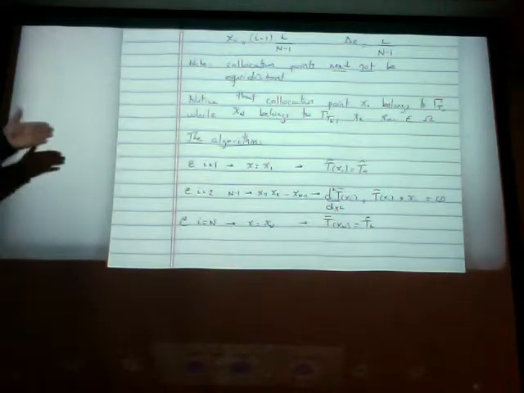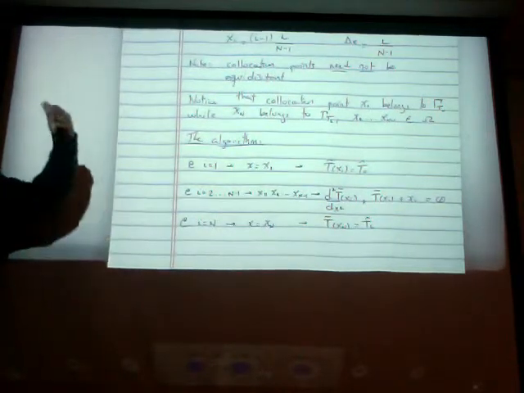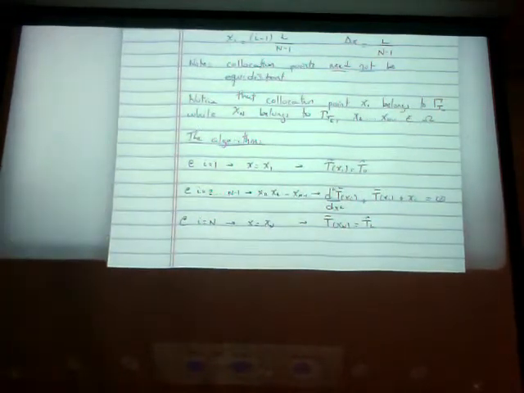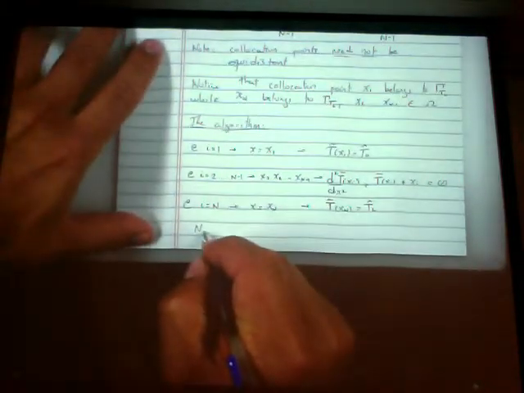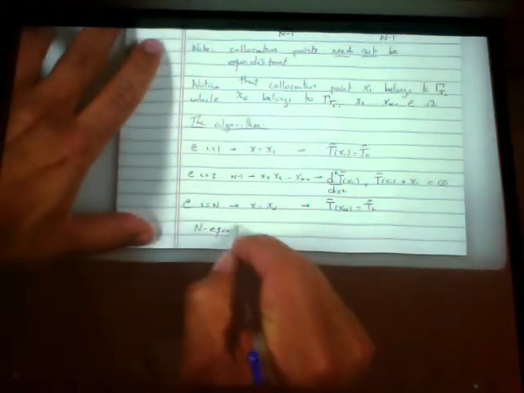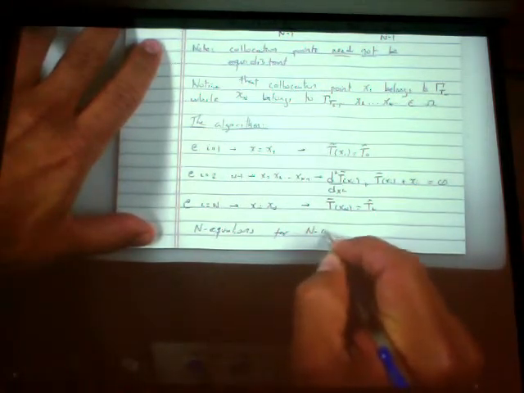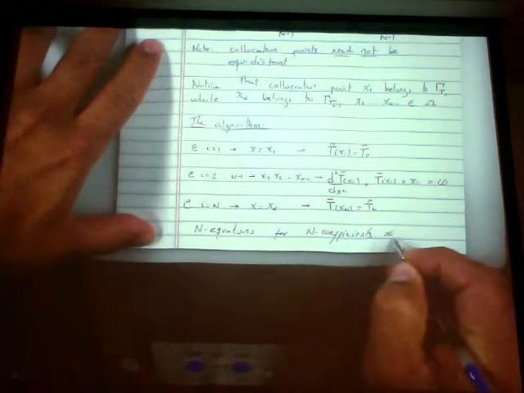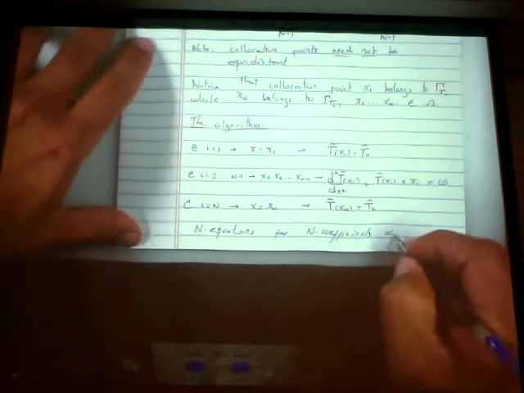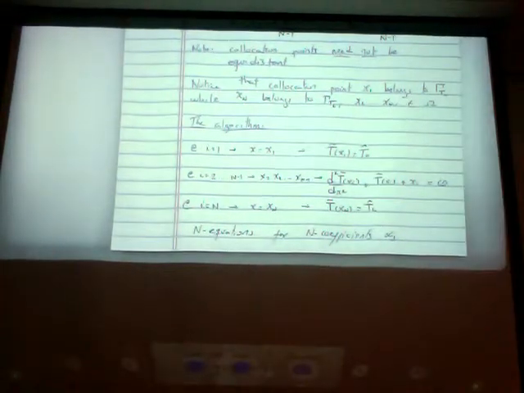So now we have exactly n equations, n simultaneous equations for the n alphas that we're trying to find. So these are n equations for n coefficients, alpha j.